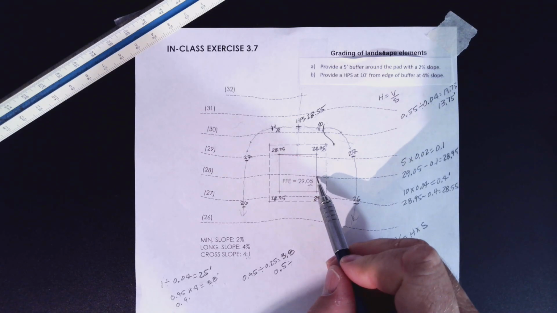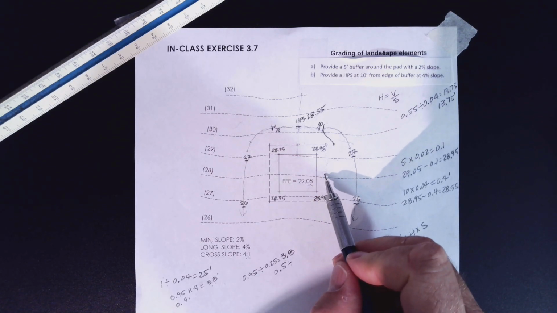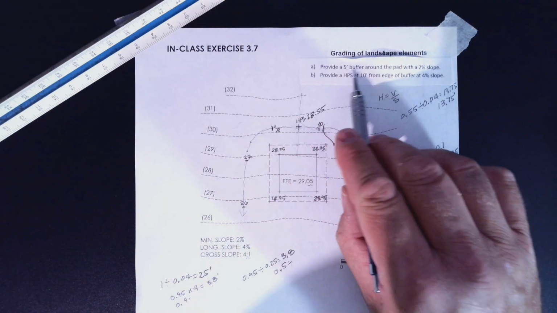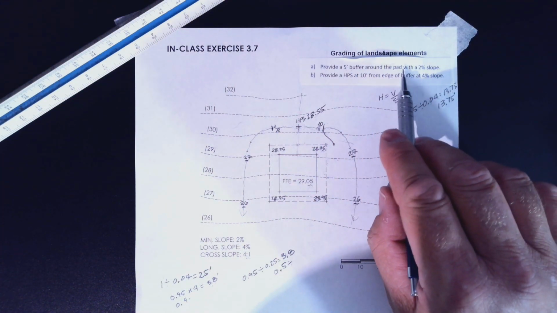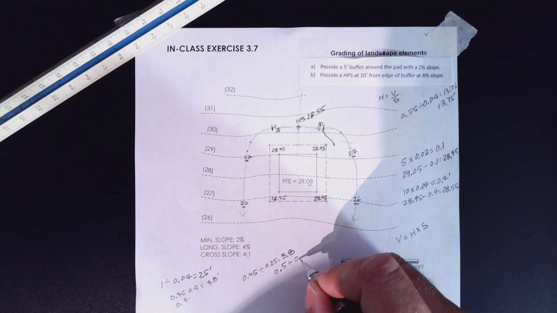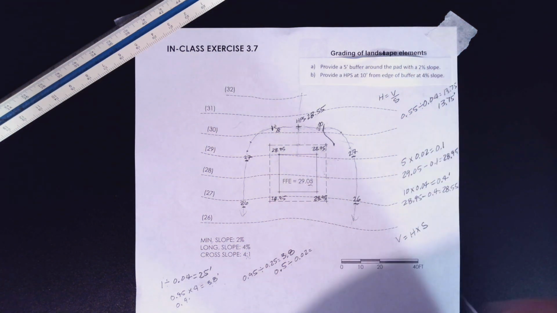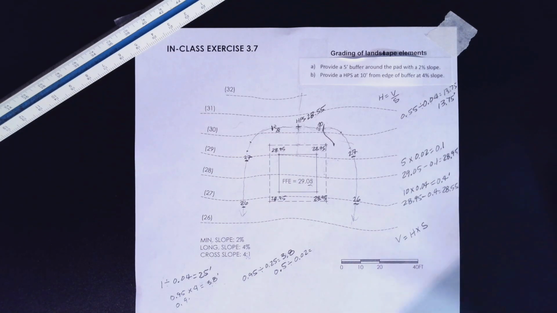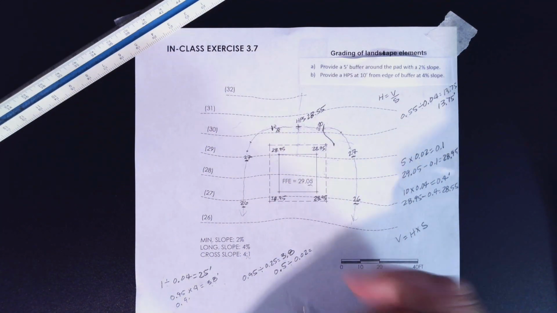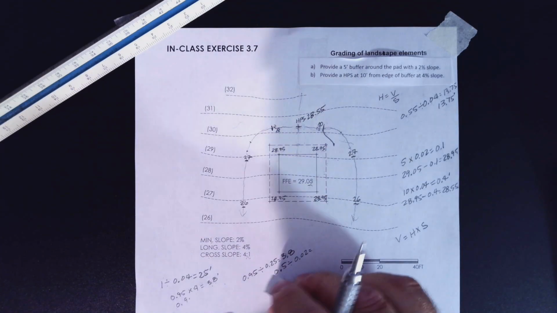And what's the slope of this area right here? We said that that was 2%, right? We said 5-foot buffer with pad, the pad with a 2% slope. So we got to divide it by 0.02. That's the slope. So let's do that. Oops, that's not 0.5, that's 0.05.